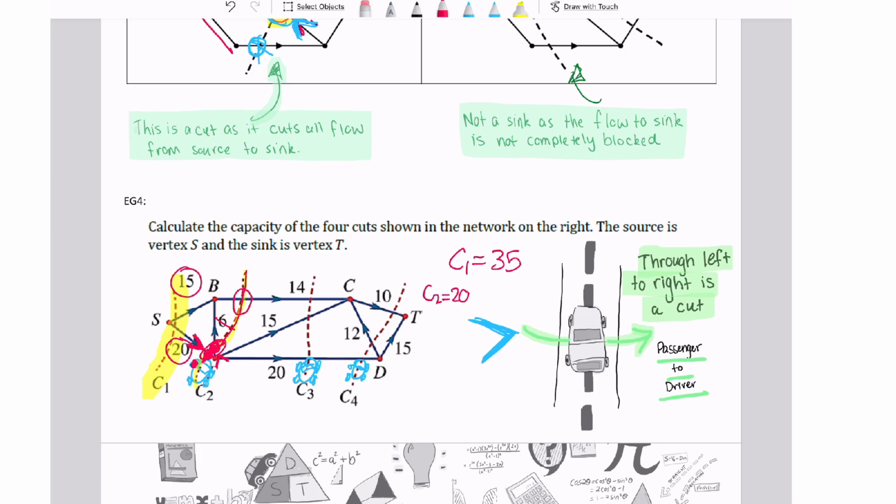However, finally, when the car keeps on coming up along here, the last line it passes through, or the last edge of my network, is the edge B to C. And what do you know? The arrow is pointing the correct way, so it would be passing through the passenger door, out the driver's door, and it has a weight of 14. So the capacity of that cut is 34.